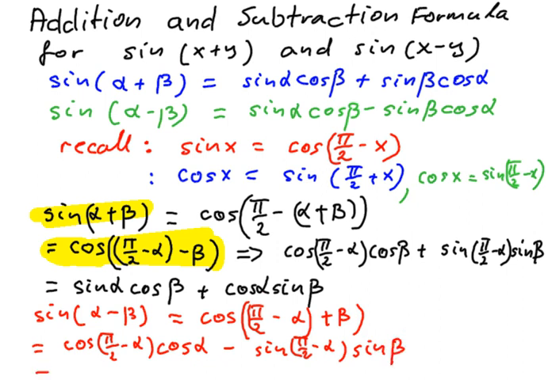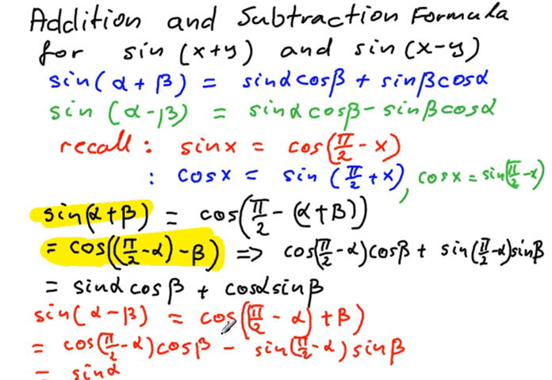Once again, cosine pi over 2 minus alpha will be converted into sine alpha, and this one here, it's not alpha, it must be beta. So I'm going to quickly fix that.